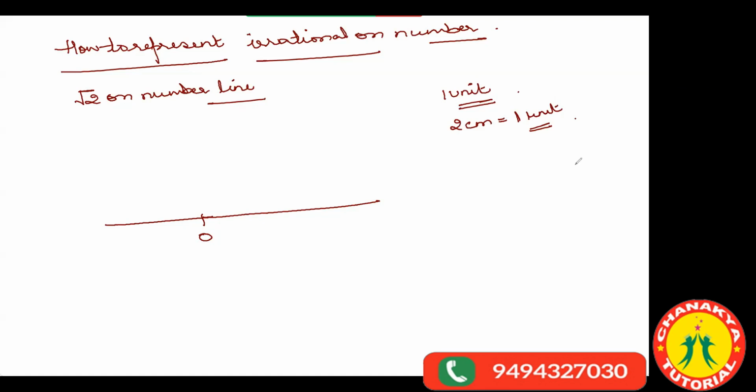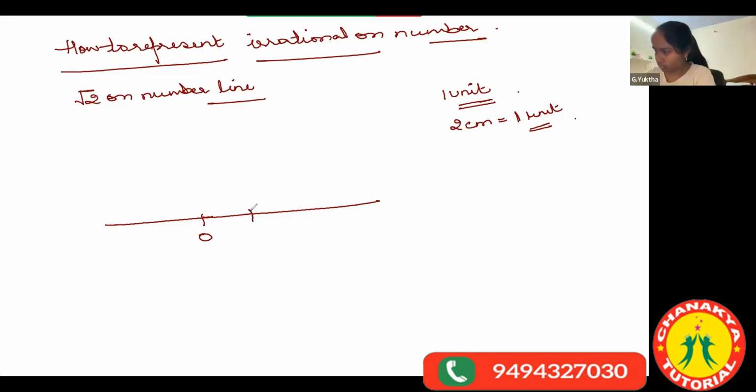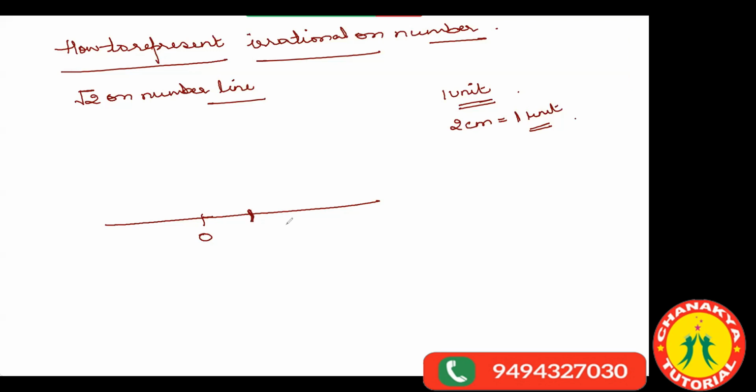Okay. Now, children, take 1 unit radius, then put an arc over here on the number line. This is -1, -2, so this is 1, this is 2, this is 3. Clear? Now mark this point as A. Kindly draw along with me, beta. Now, with the help of the compass, at point A, draw a 90-degree angle with the compass only.